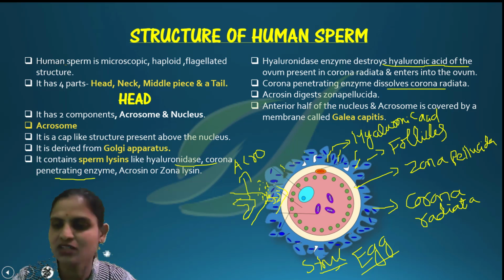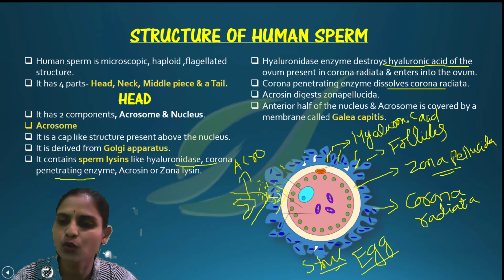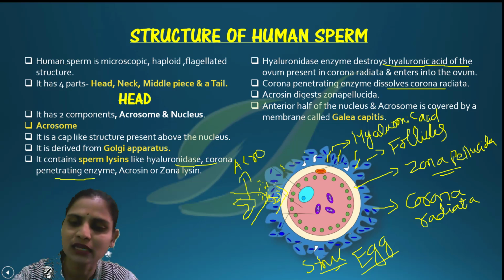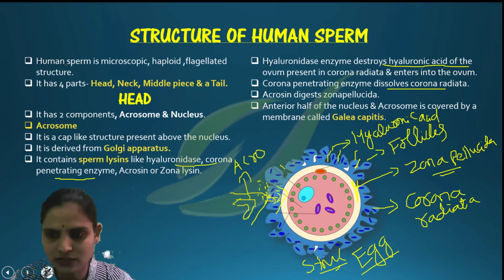The next region is the zona pellucida. The other enzyme, acrosin, acts on the zona pellucida so that the zona pellucida also dissolves.